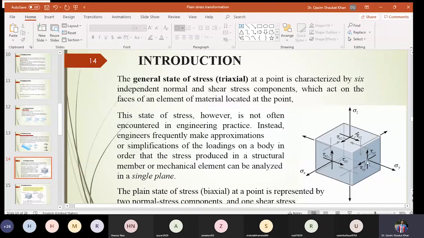Then you have this face which is along the plane Y. The complementary of this is this one. You can see this is normal stress Y and the complementary normal stress Y is shown. Then you have this face Z. The complementary normal stresses and shear stresses to this face Z will be these ones, and you can see the complementary normal stresses shown.